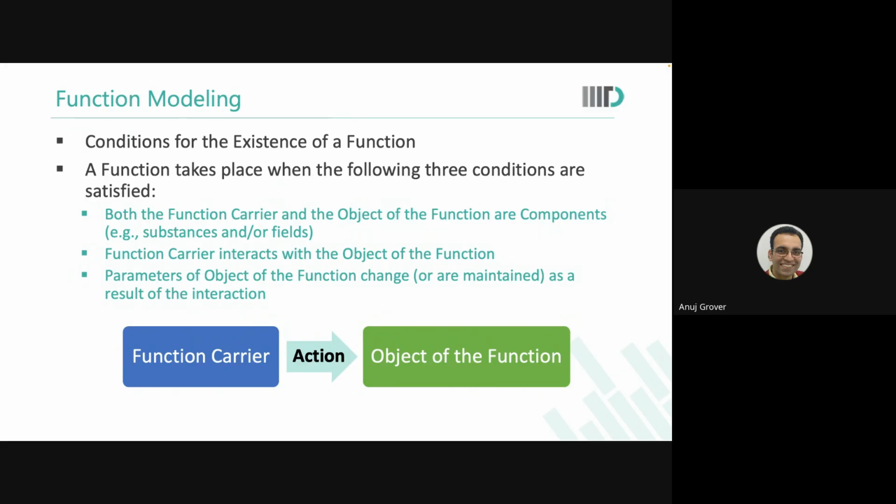So, interaction is a necessary condition for a function to exist between two components. Third is that as a consequence of the function, either the parameters of the object should be maintained or they should be changed. Then there is some sense of defining a function.